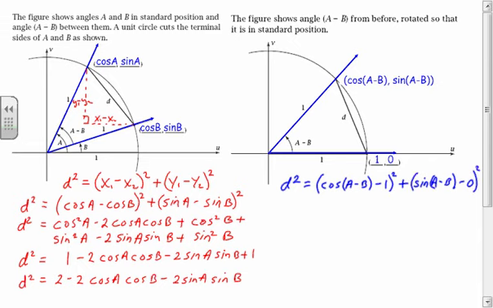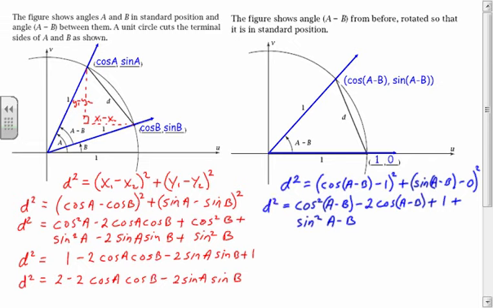Okay, so I expand all this and I get cosine squared A minus B minus 2 times cosine A minus B plus 1. Okay, I'm running out of room again. Plus sine squared A minus B when I square that right-hand thing, since the 0 goes away.